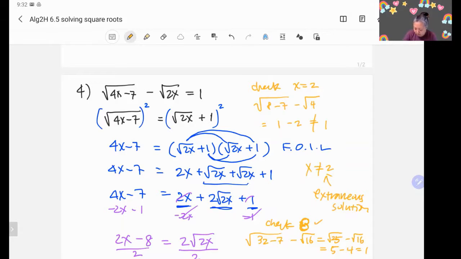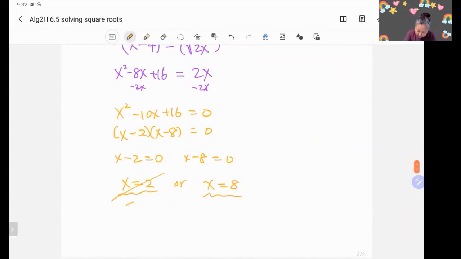So this is extraneous, and this is the correct answer. So you have to remember, when you solve a square root equation, you always have to check both of your solutions to see if they work. Sometimes both work, but sometimes they don't. Any question?